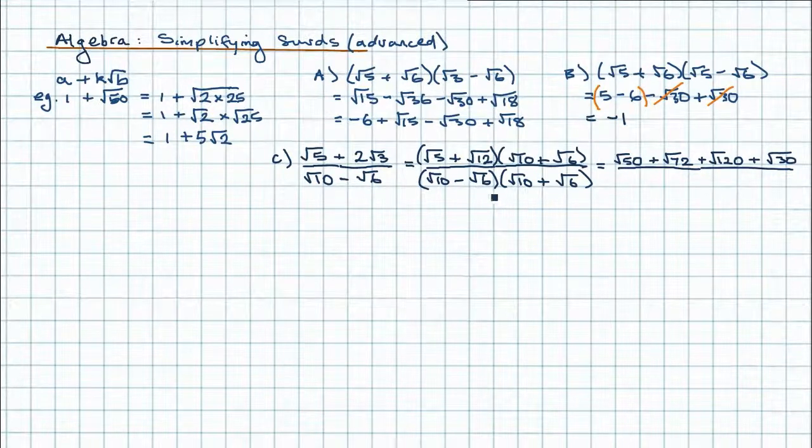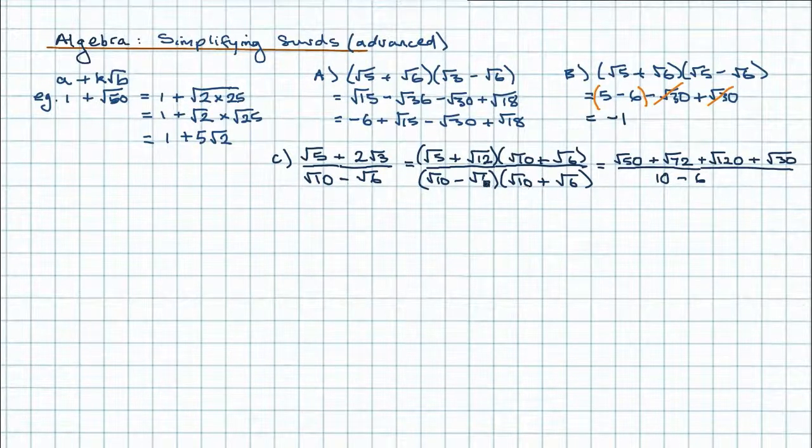Now, what we should find in our denominator is a bit of this cancellation that we looked at up here. So first of all, root 10 times root 10 is going to give us just 10. So if I write 10 here, that's our first. Our last is negative root 6 times root 6, which is going to give us minus 6.